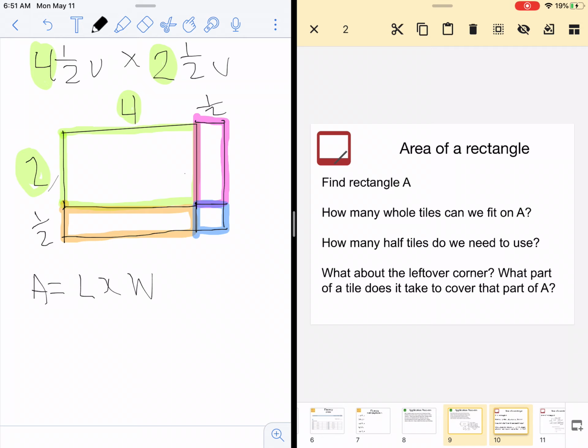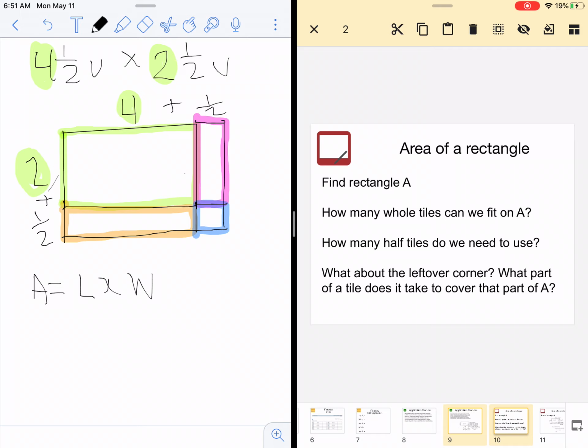How did we decompose this length, 4.5? We took 4.5 and turned it into 4 plus 1/2. So the length is 4 plus 1/2, and the width is 2 plus 1/2.